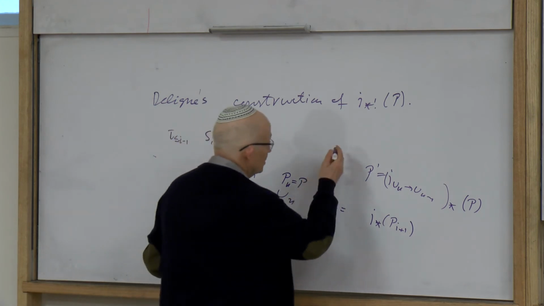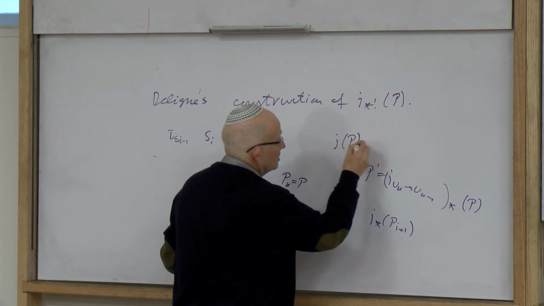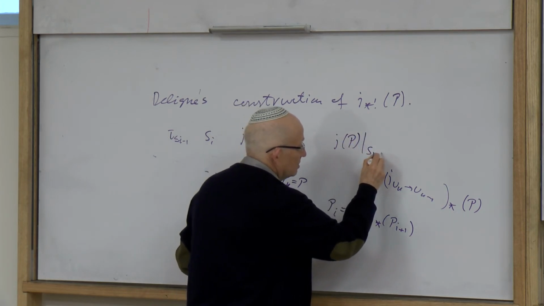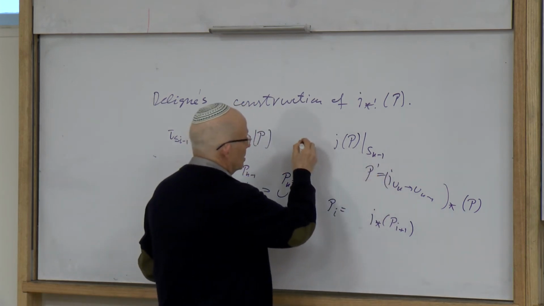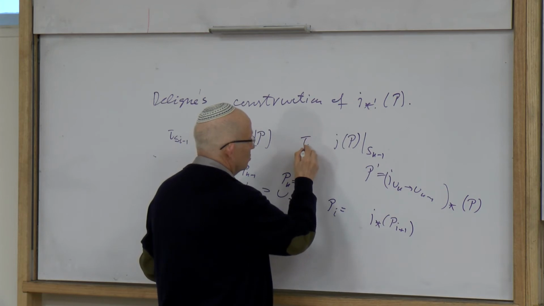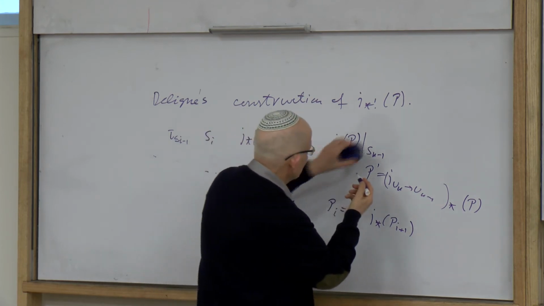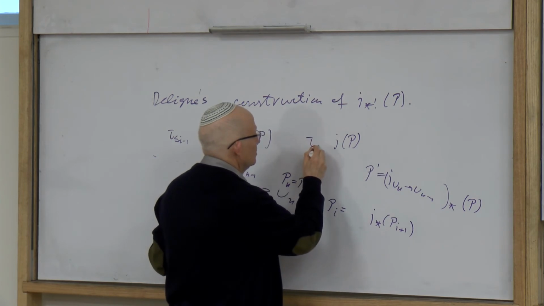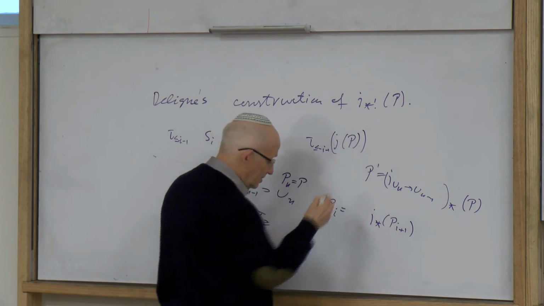And then you just define, you consider j star P restricted to this S_{n-1}. And then you cut it, you consider tau less or equal minus I minus 1 of this sheaf.